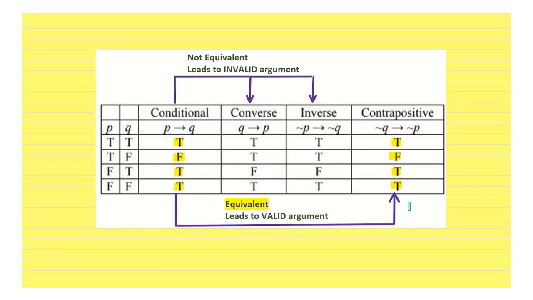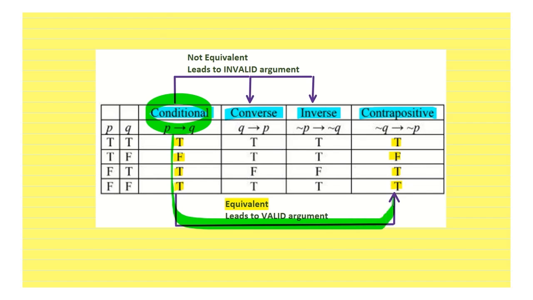Here we have the conditional statement, the converse statement, the inverse statement, and the contrapositive statement. You may or may not be very familiar with those, but if you are, you should hopefully know that the conditional statement, the first statement, is equivalent to the final contrapositive statement. So these two statements are equivalent.